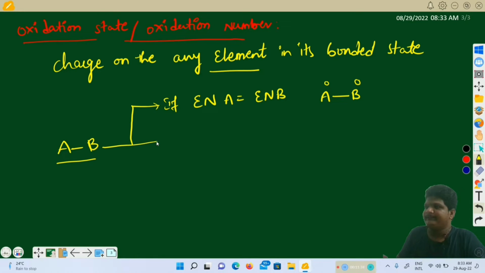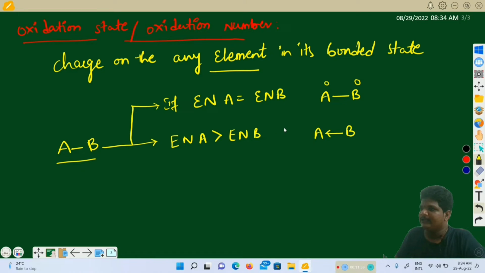Another case is if the electronegativity of A is greater than the electronegativity of B. In this case, the bonded electrons will move towards atom A in the molecule.